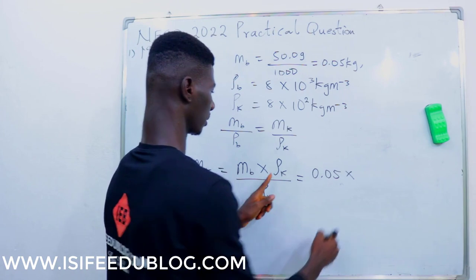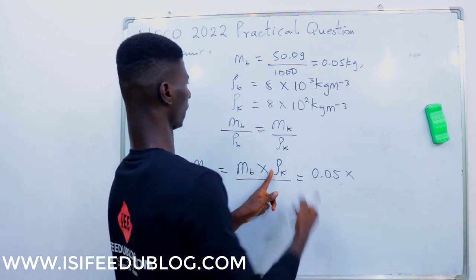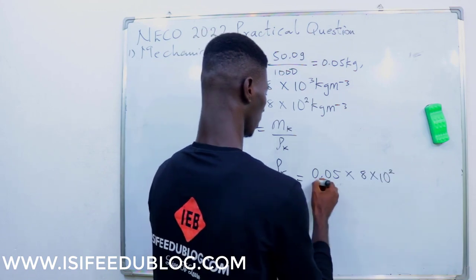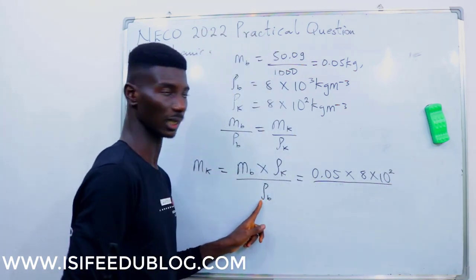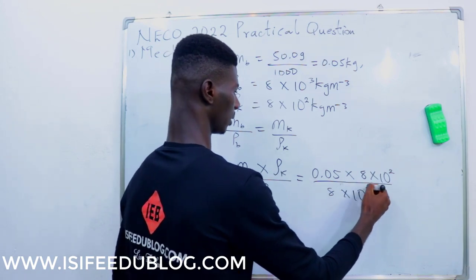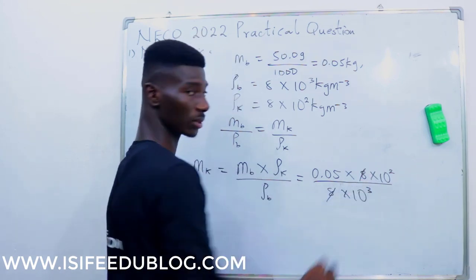So this is 0.05 times 8 times 10 raised to power 2 divided by 8 times 10 raised to power 3. So 8 can cancel.